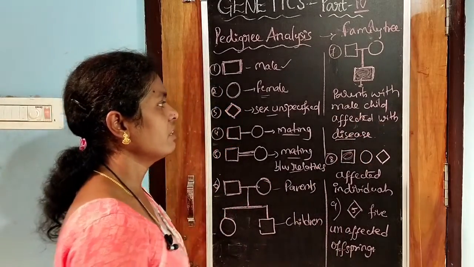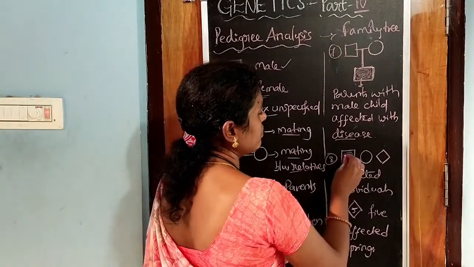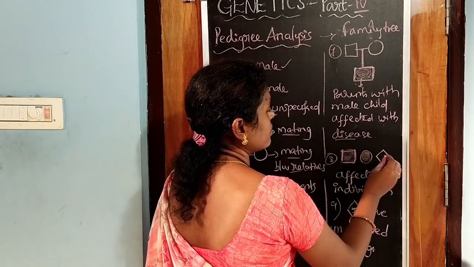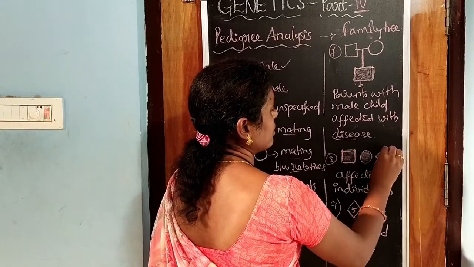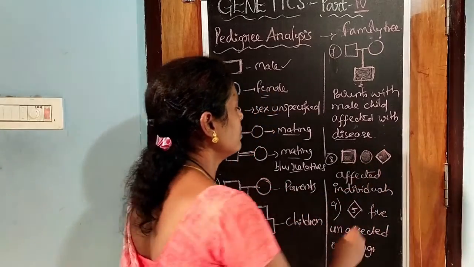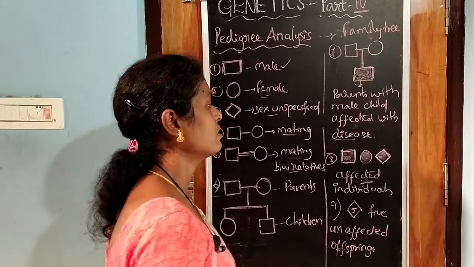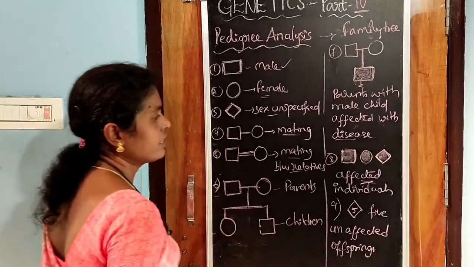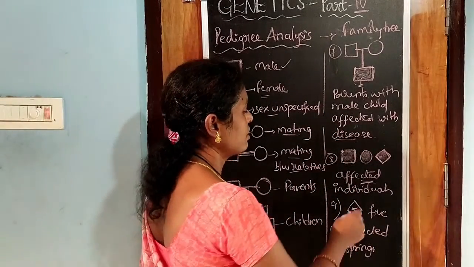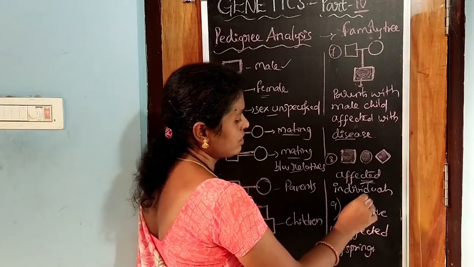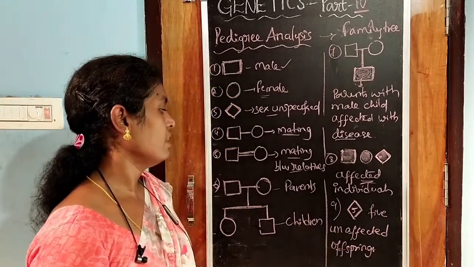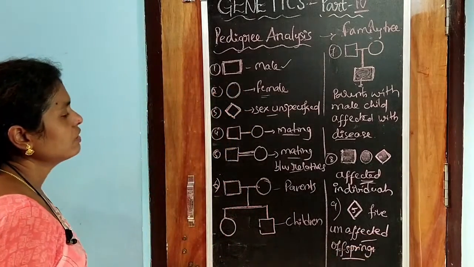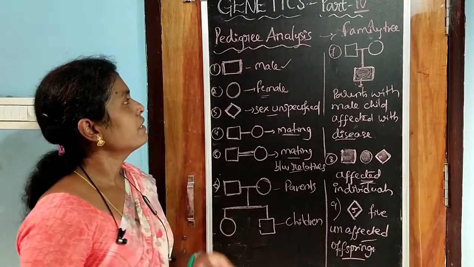The shaded square and the shaded circle represent the affected individuals. And here it is a 5, so this 5 represents the 5 unaffected offsprings. So these are some symbols that are used in pedigree analysis.